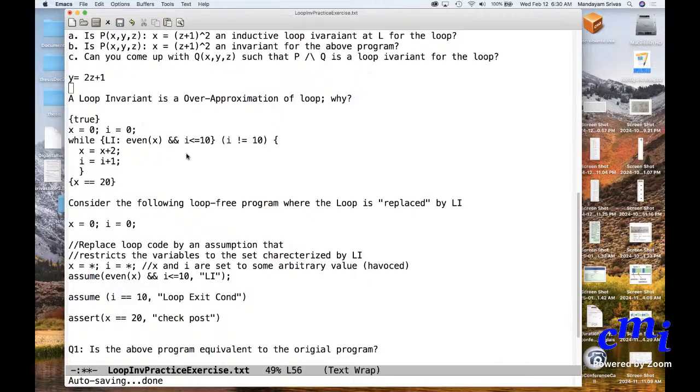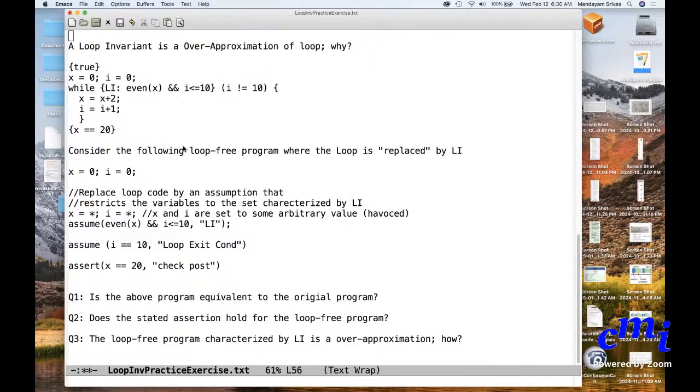If you needed to prove that the post condition x is equal to 20, we discussed various candidates for loop invariants. For example, even x itself is an inductive loop invariant, and i less than or equal to 10 separately is also an inductive loop invariant, and its conjunction is also a loop invariant.